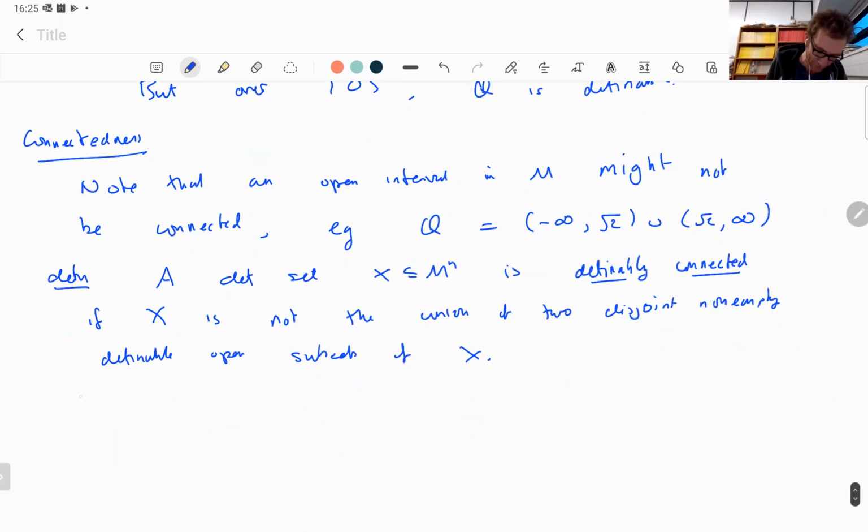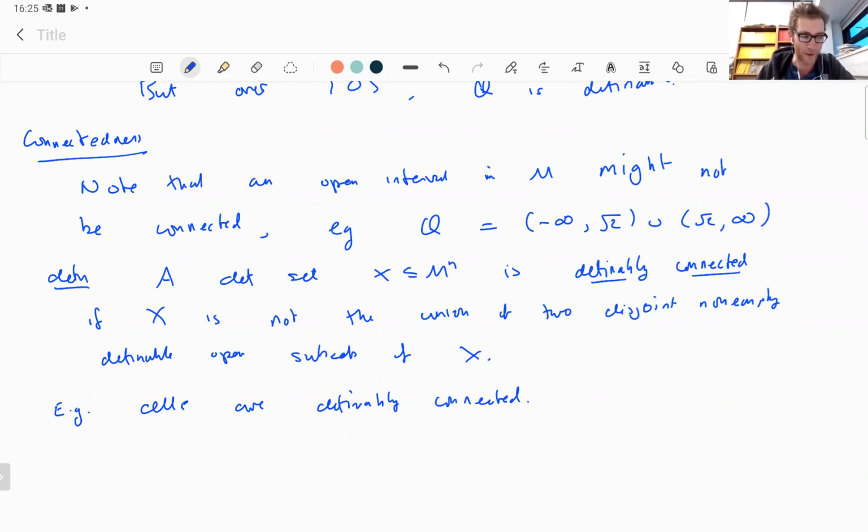You can prove that by induction. And then using cell decomposition, you can show that definable sets have finitely many definably connected components, that is, maximal definably connected subsets. And that's uniform as well.